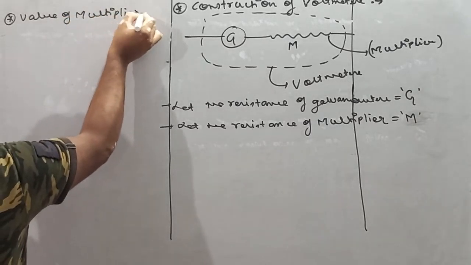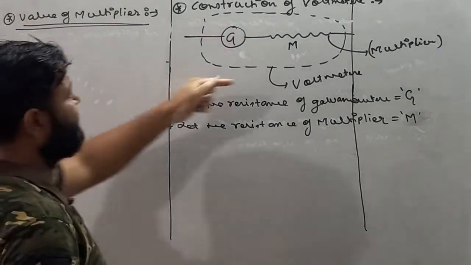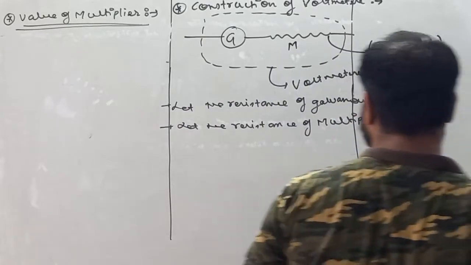Multiplier means high value resistor which is used to connect in series with galvanometer so that net resistance increases.